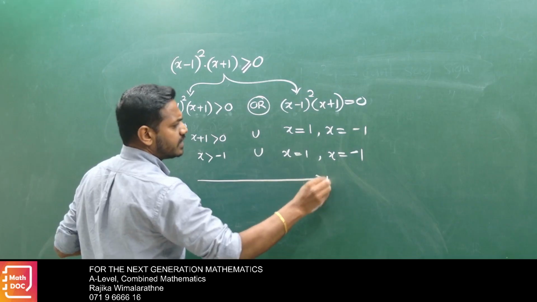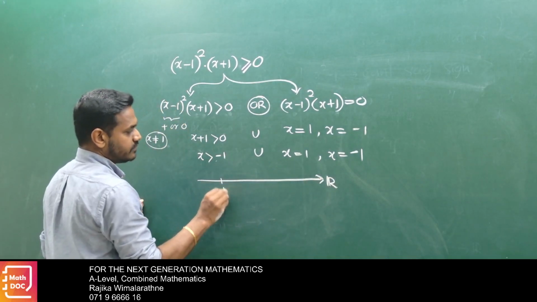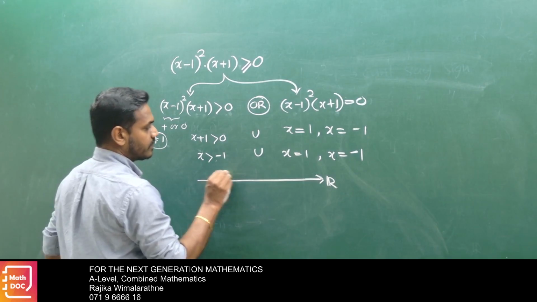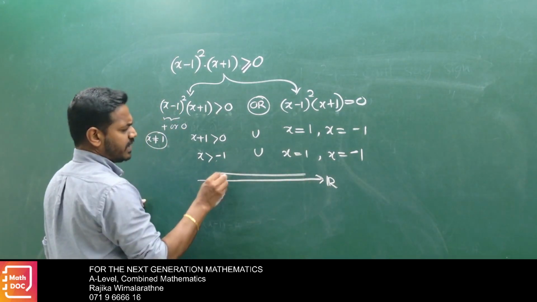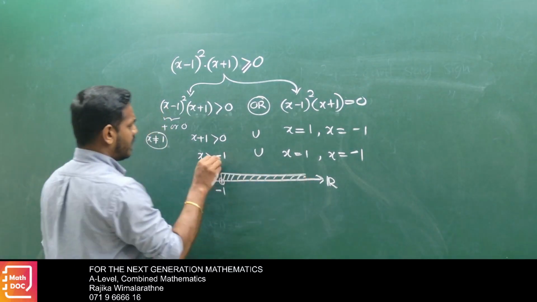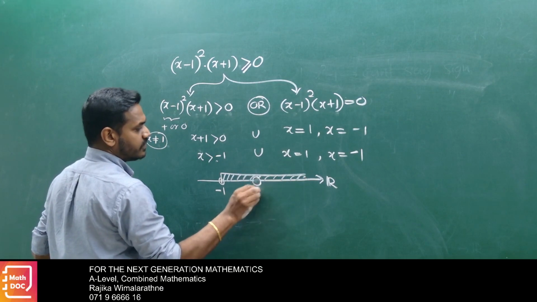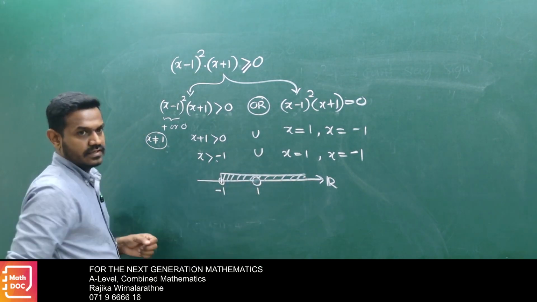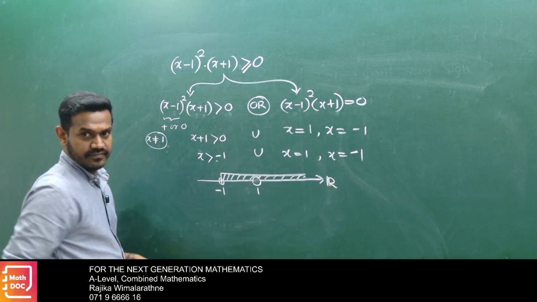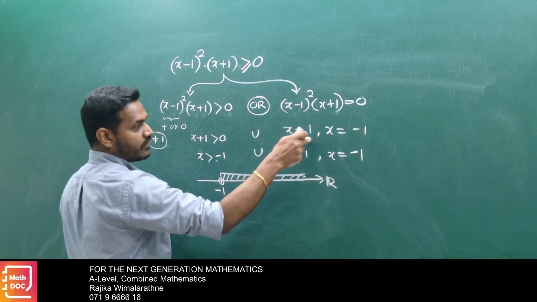Then sketch the real number line. First you mark minus 1, and here not equal 1. This is for the inequality, okay? For this part the solution is that. But for equality we have 1 and minus 1.